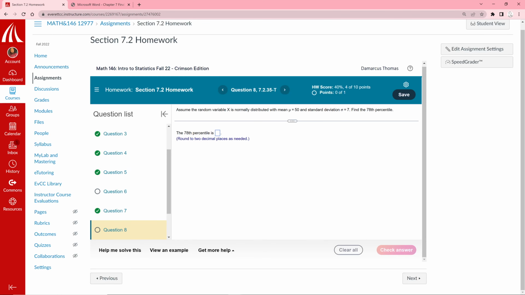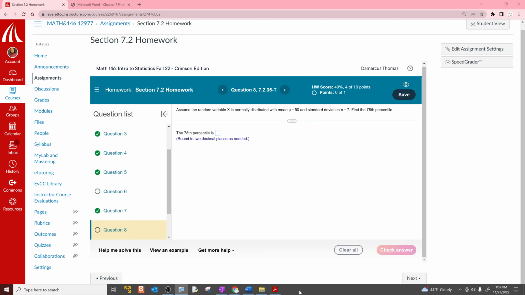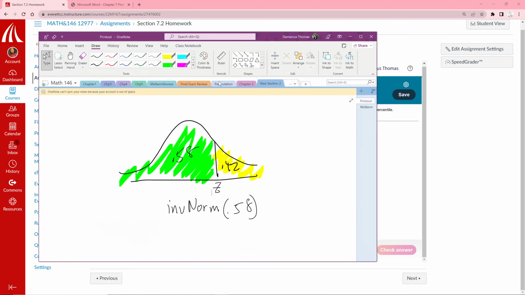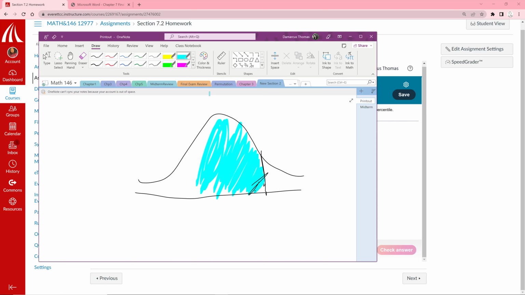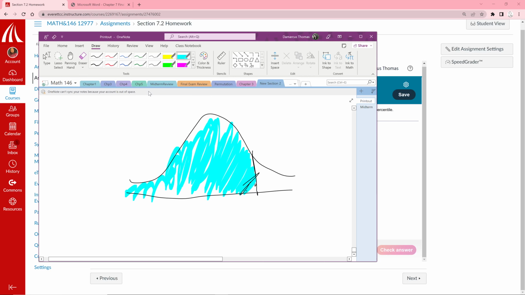The 78th percentile. So this is an example of what this would basically mean: the 78th percentile means everything to the left is 78%.